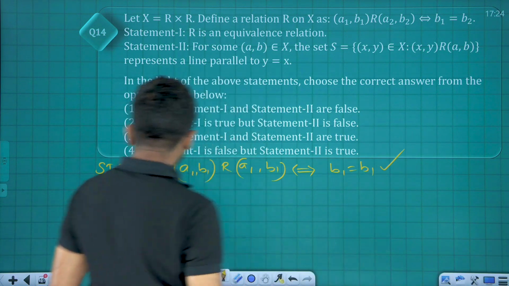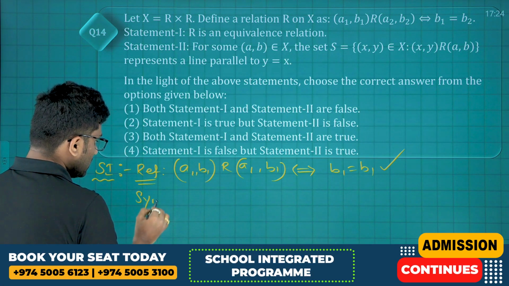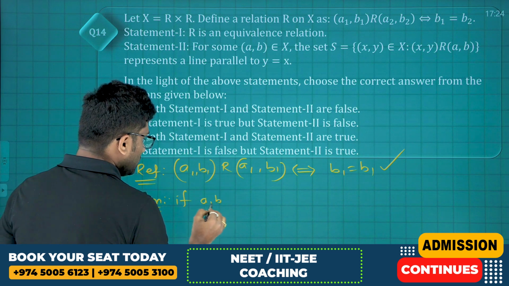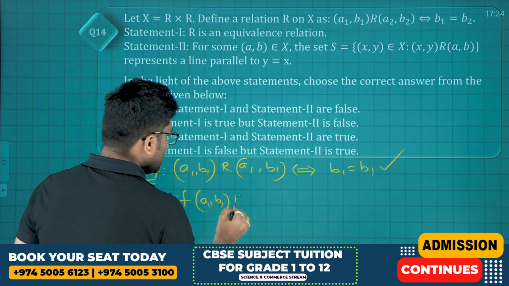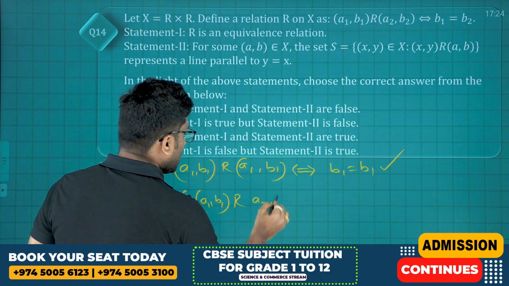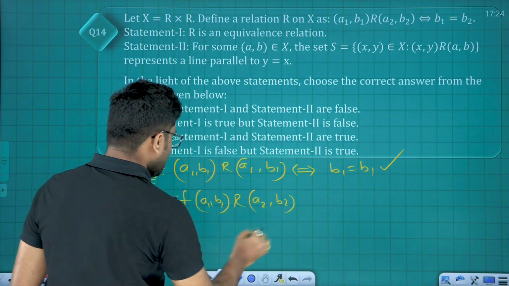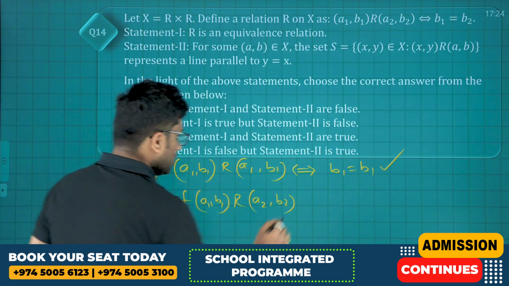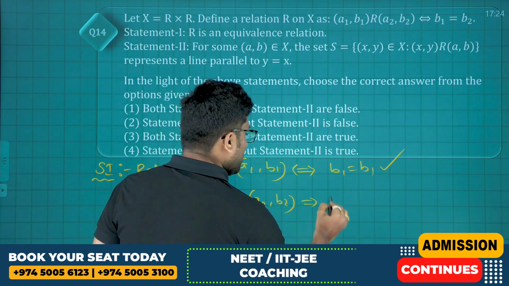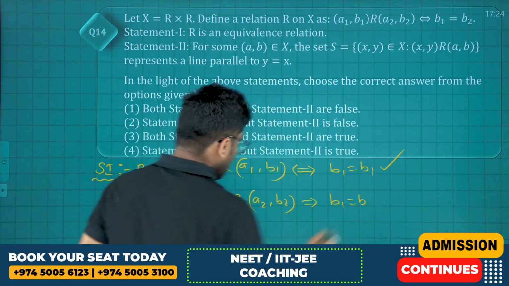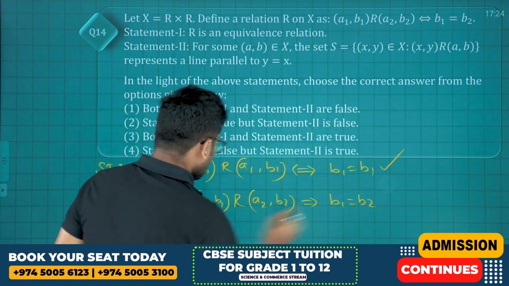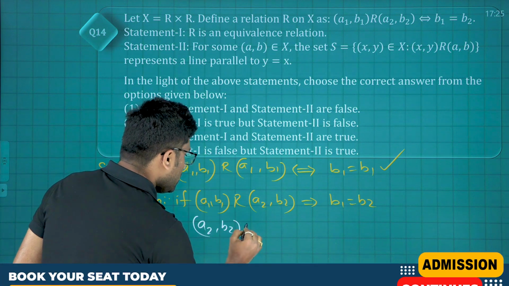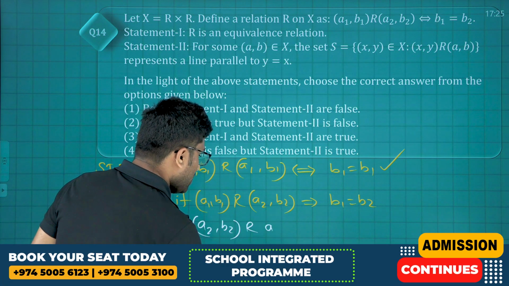Coming to symmetric: if (A1, B1) is related to (A2, B2), that means from here you can say B1 is equal to B2, you got. Now what about (A2, B2)? Is it related to (A1, B1)?